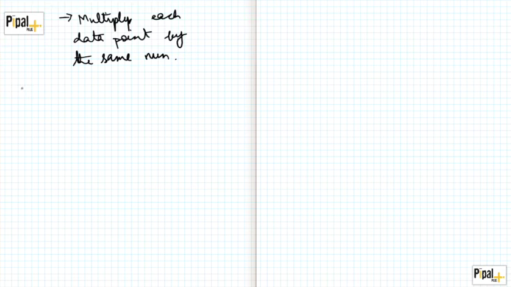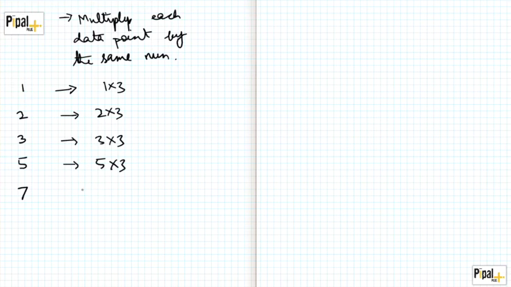So the original numbers 1, 2, 3, 5 and 7, let's say we multiply each by 3, they change to 1 times 3, 2 times 3, 3 times 3, 5 times 3, and 7 times 3, right? Now you notice that the original sum was 18. The new sum adds up to 18 multiplied by 3, right?